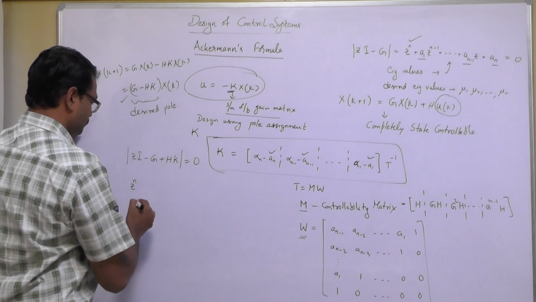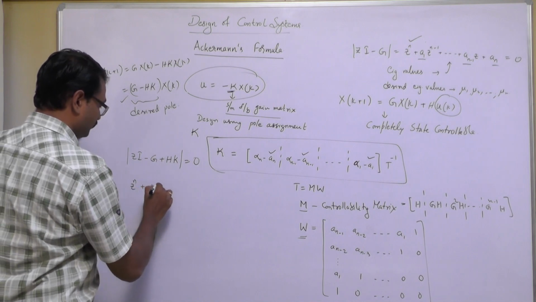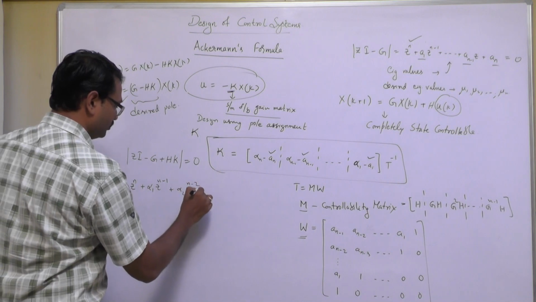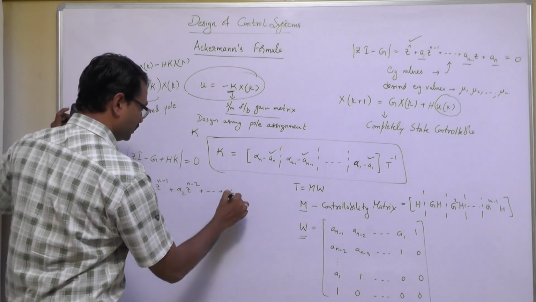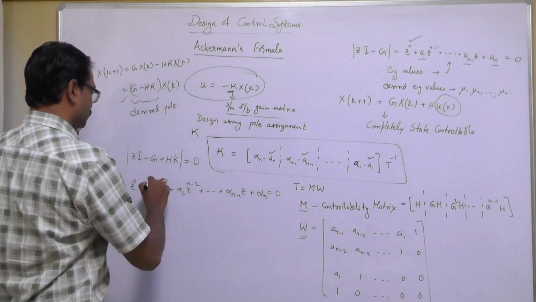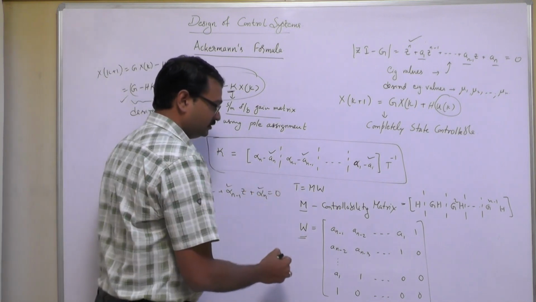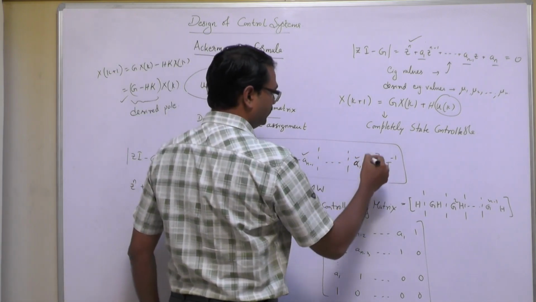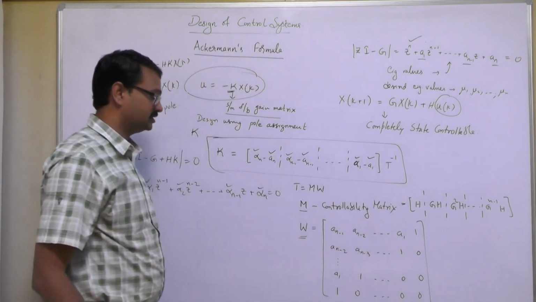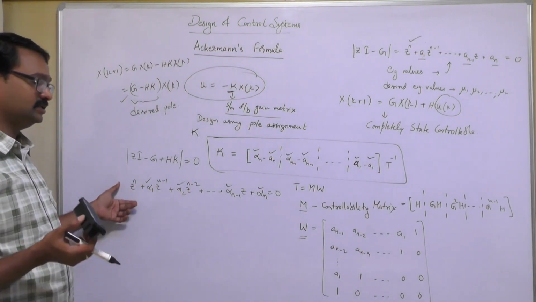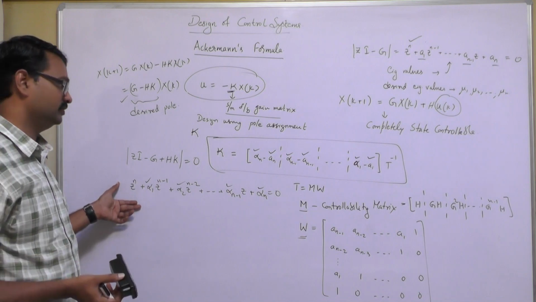Therefore, the determinant of zI minus G plus HK equals z power n plus alpha 1 z power n minus 1 plus alpha 2 z power n minus 2 plus and so on, plus alpha n minus 1 z plus alpha n. These alphas come from the desired system characteristic equation, and the a's come from the original system characteristic equation.